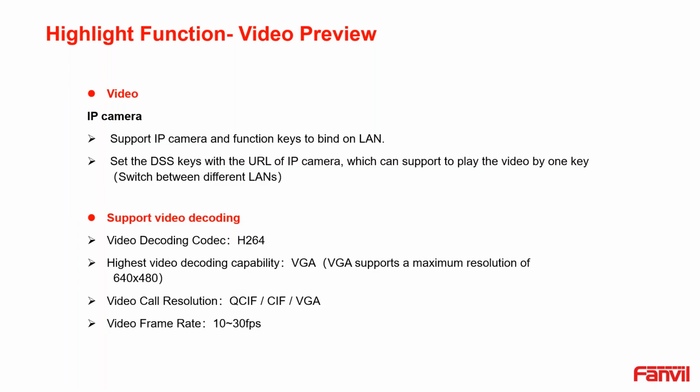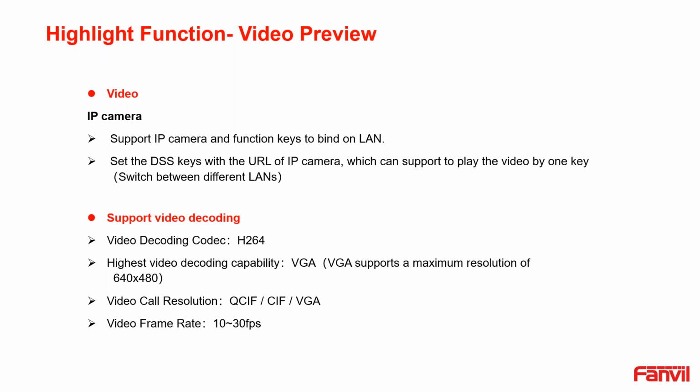And we also support the video preview for the X7, X7C, and X210. As you know, our X6 has the video capability to receive and display video streams. We can support RTSP, and we can also support SIP calls with the H264 codec.